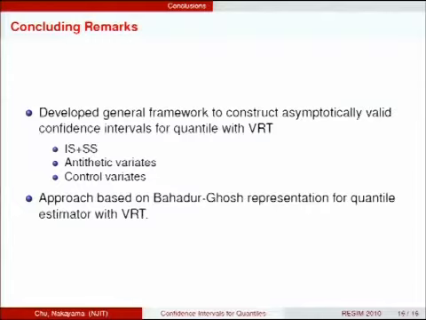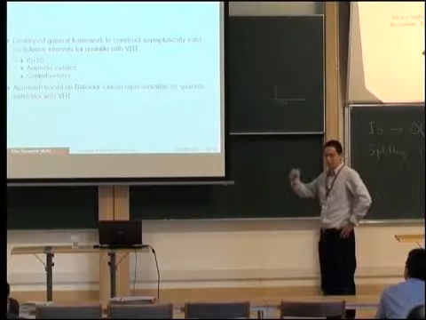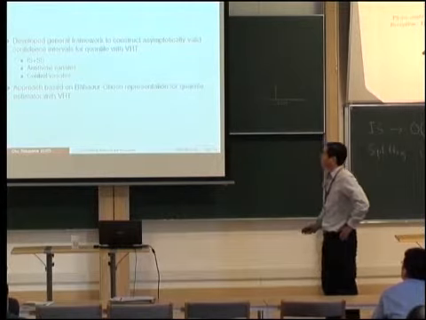On my last slide, let me recap what we talked about. We developed a general framework to construct asymptotically valid confidence intervals for quantiles when using variance reduction techniques. Although the focus of this workshop is largely on rare event simulation, this holds more generally for variance reduction techniques on problems that are not necessarily rare event problems.